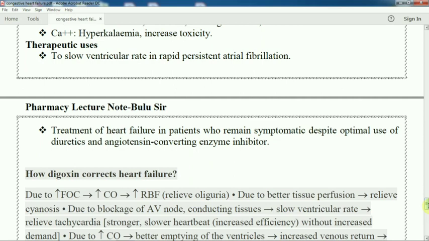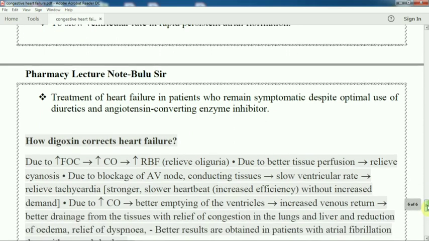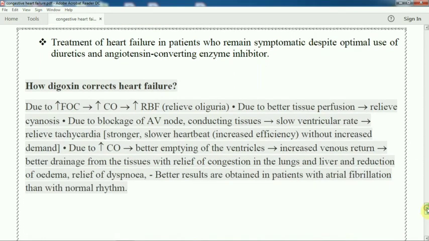And due to increased cardiac output, there is better emptying of the ventricle. As a result, it increases the venous return and gives better drainage from the tissue with relief of congestion in the lungs and liver, reduction in the edema, and relief of dyspnea.